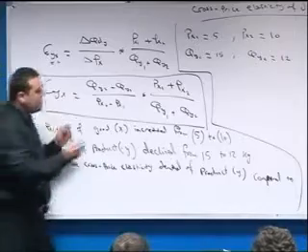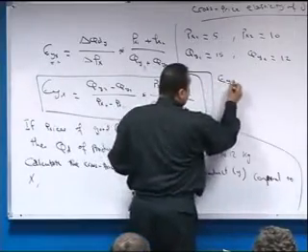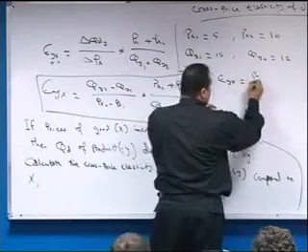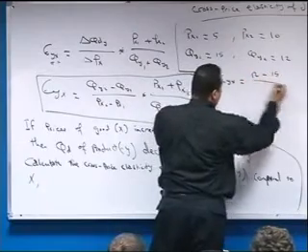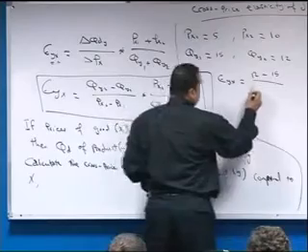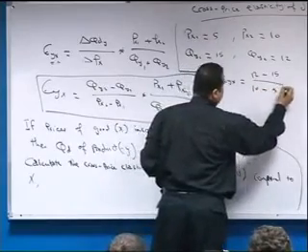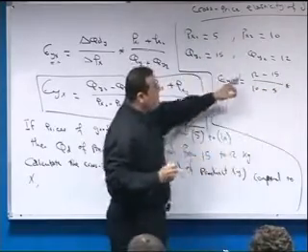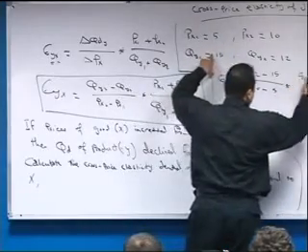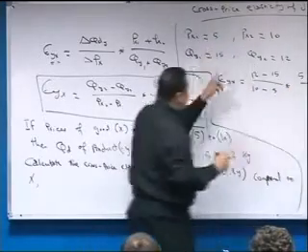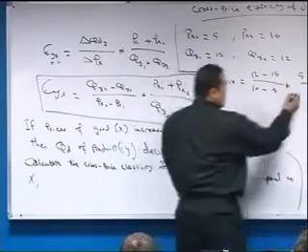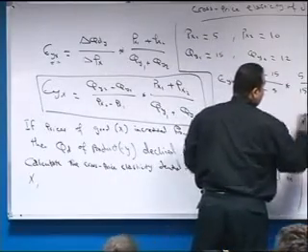Eyx equals delta Qyd, 12 minus 15, over Px2 minus Px1, 10 minus 5, times the summation of the prices, Px1 plus Px2, 5 plus 10, over Qy1 plus Qy2, 15 plus 12.